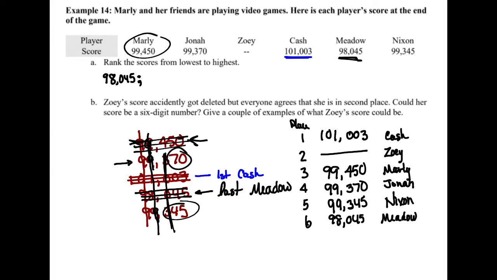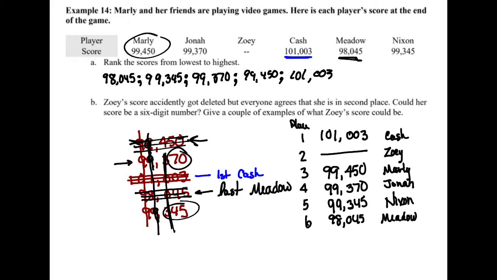Don't want to put commas in between because there's commas in the numbers, right? 99,345; 99,370; 99,450; and 101,003. A lot of numbers, a lot of punctuation.